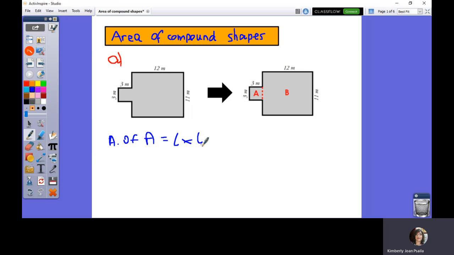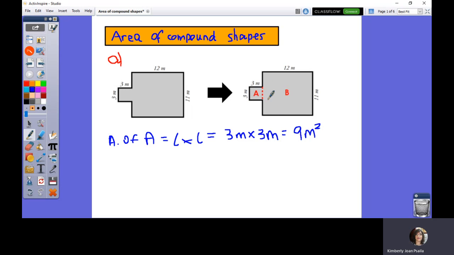Sometimes you can use length times breadth. Both are correct. So the length here is 3 meters multiplied by 3 meters. 3 times 3 gives us 9, meters multiplied by meters gives us meters squared. So there you have your first area.